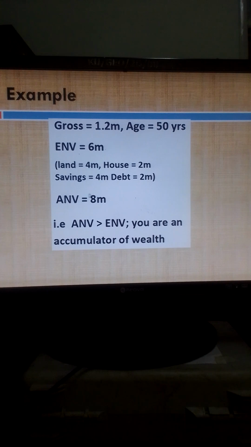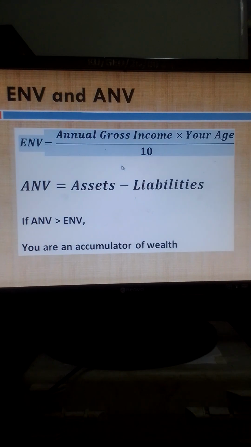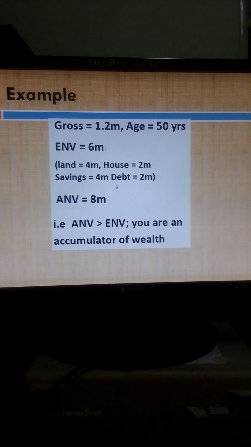So we have to find the actual net value using the previous formula, assets minus liabilities. So in this case, your actual net value will be the sum of the assets, that is 4 plus 2 plus 4, that is 10 million, subtract the liabilities, that is 2 million, you get 8 million.